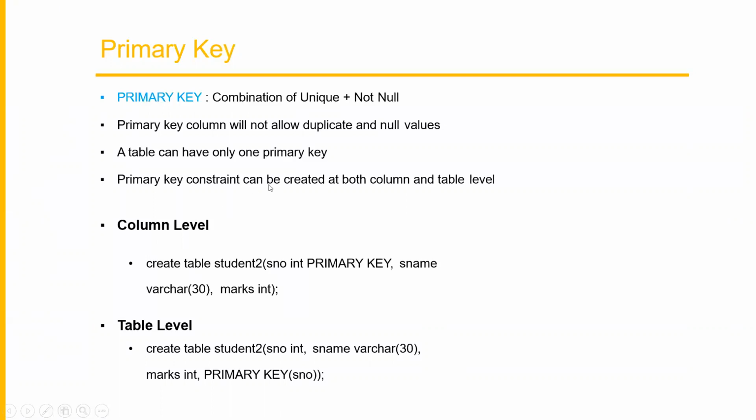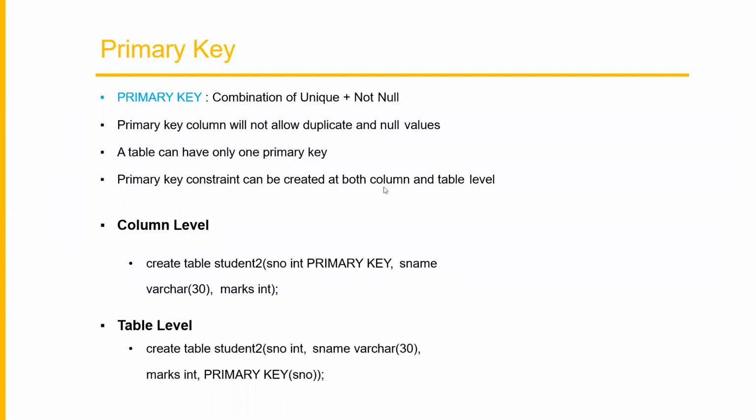You can see here, primary key constraint can also be created at both column and table level. So you can see column level, how we define it is create table, table name, student number, integer. Then we just need to specify the constraint here as primary key. And then if we want, we can define more columns in that table. And this is how we define primary key at the column level.